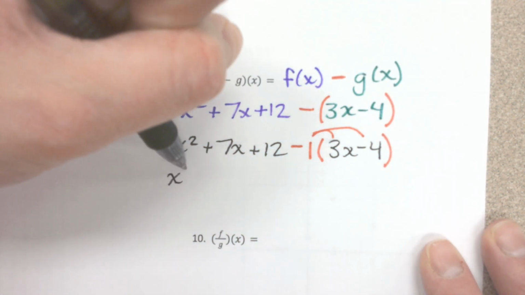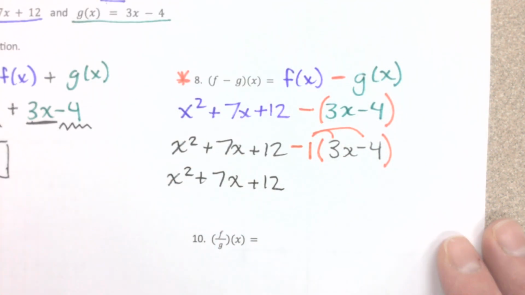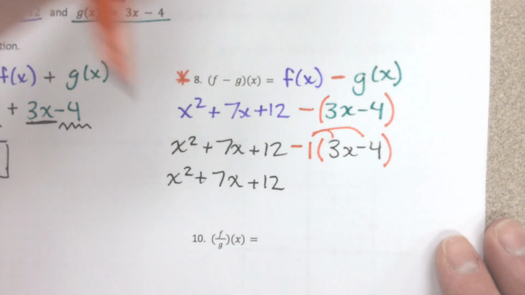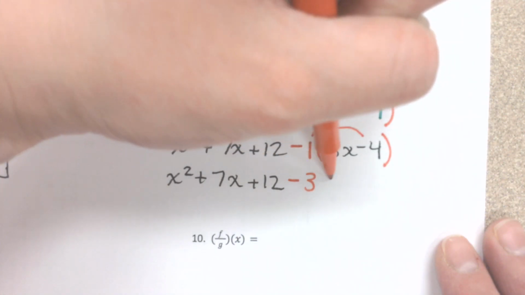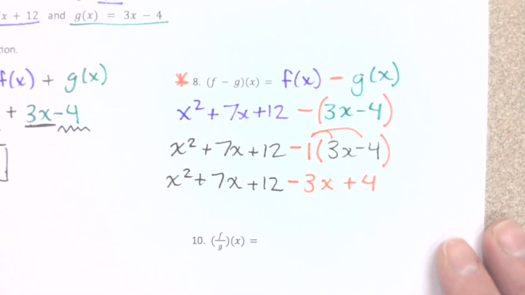So we now have x squared plus 7x plus 12. Distributing, we have minus 3x, -1 times -4, that's a plus 4.